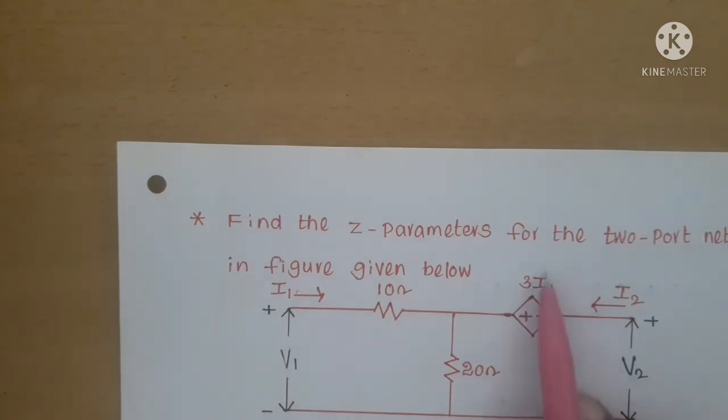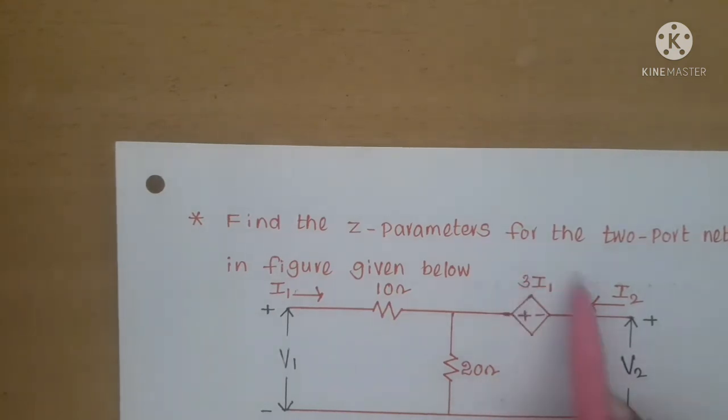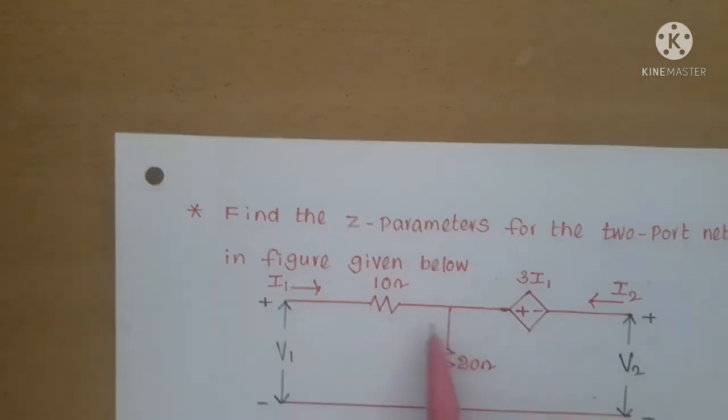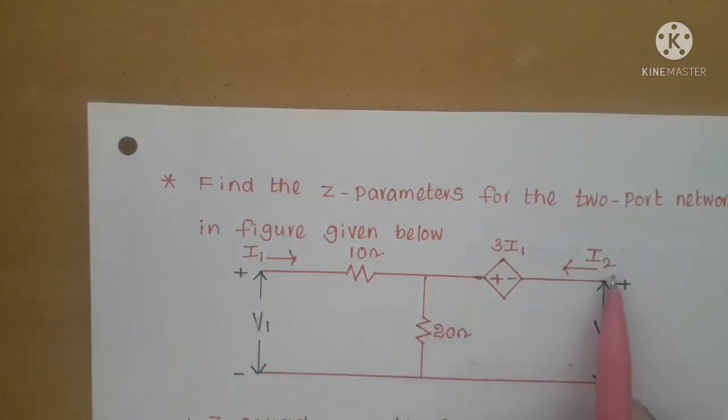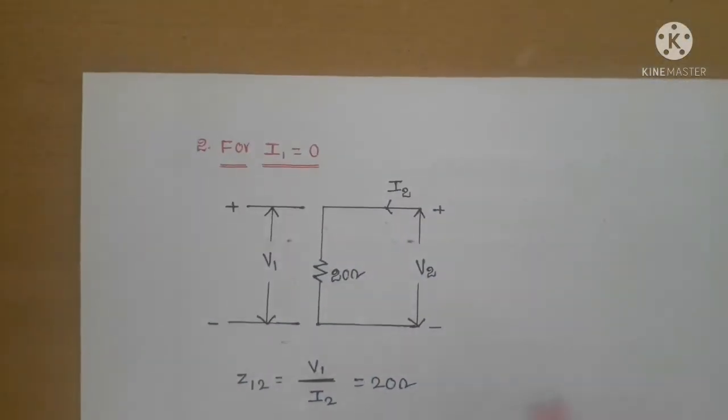So 3 into I1 is 3 into 0, which is 0 volts, and 0 volts means short circuit. In the 10 ohm resistor there is no current, so we removed it. So there is only the 20 ohm resistor. The voltage across 20 ohms is V1 as well as V2, and the current in 20 ohms is I2. So that's why we got the circuit like this.